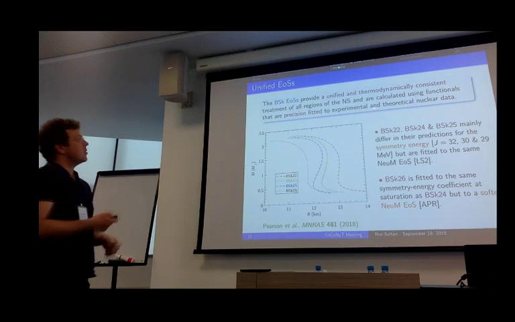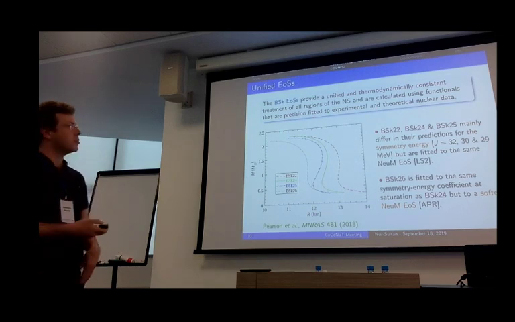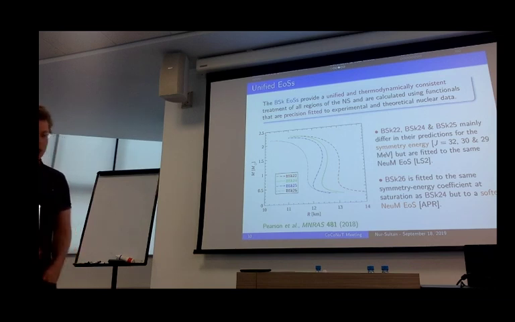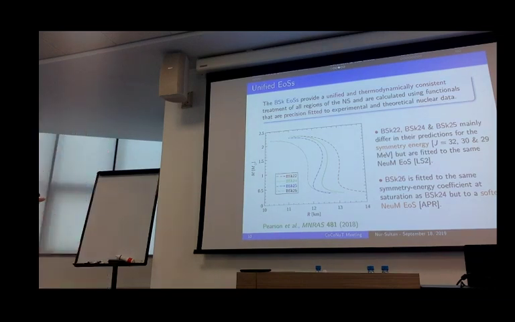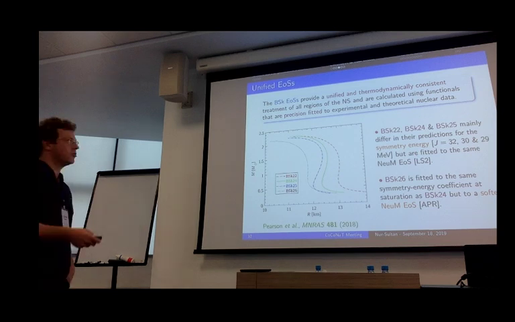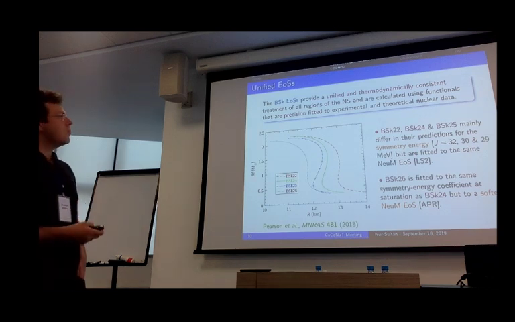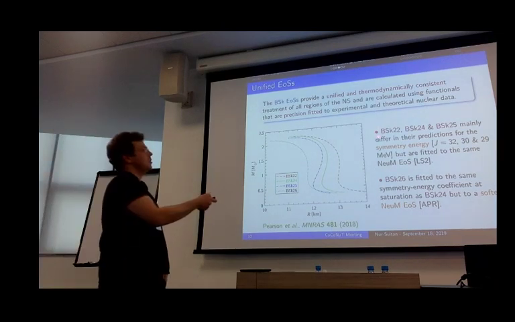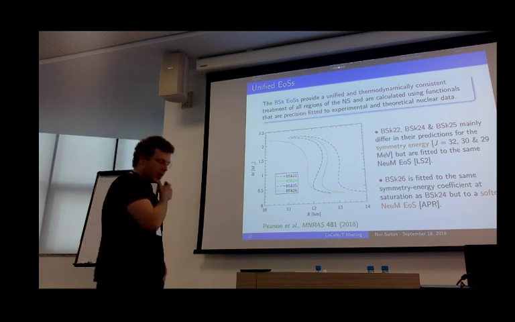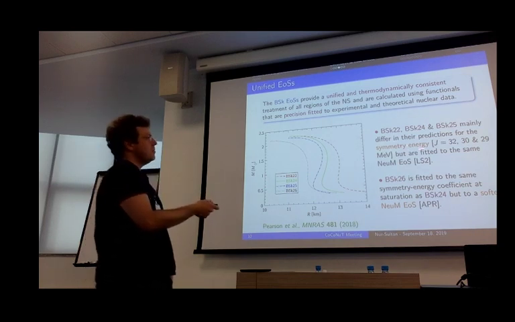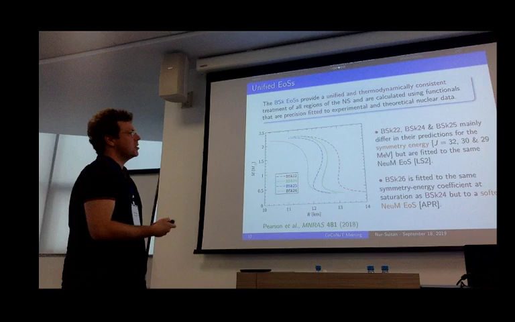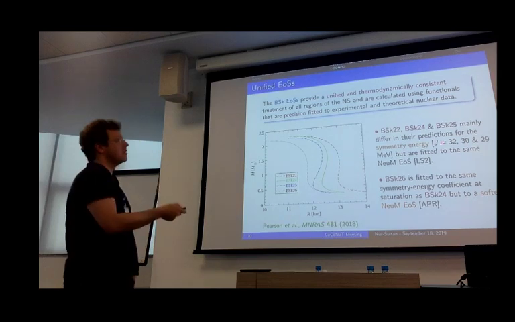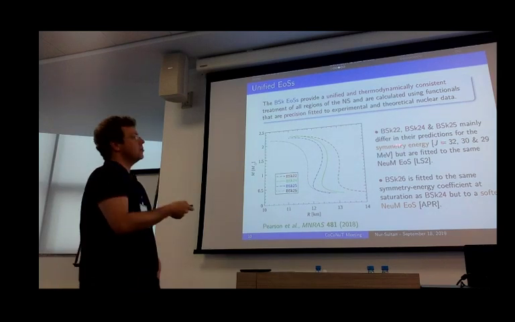So these equations of state are based on functionals that were precision fitted to essentially all experimental atomic data and were simultaneously adjusted to also some theoretical data. So in this work, we focused on mainly three BSk equations of state, 22, 24, and 25, which mainly differ in their prediction for the symmetry energy coefficients at saturation, which are fitted to the same neutron matter equation of state.